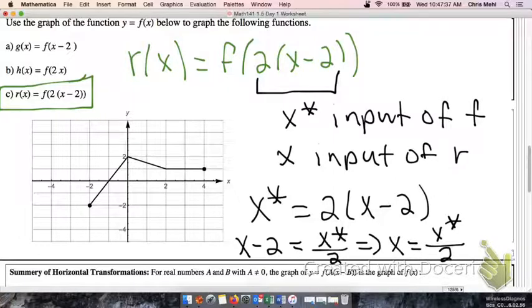So you first divide everything in the domain of f by 2, and then you would add 2 to all the x coordinates after that. So divide all the x coordinates of f by 2, and then add 2. Those will give you all the new inputs for r, and all the y coordinates again are going to stay the same.